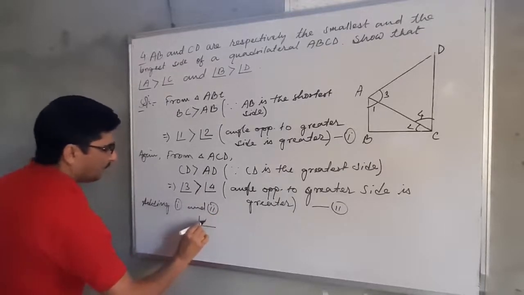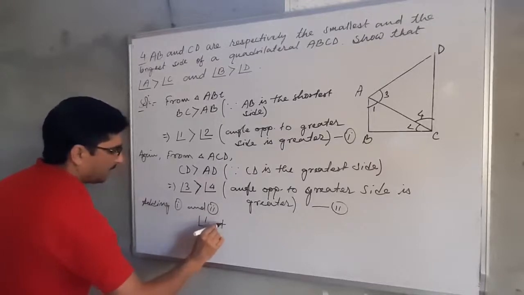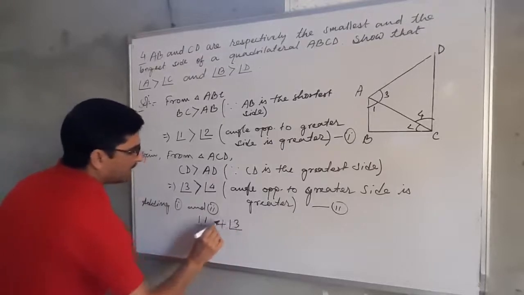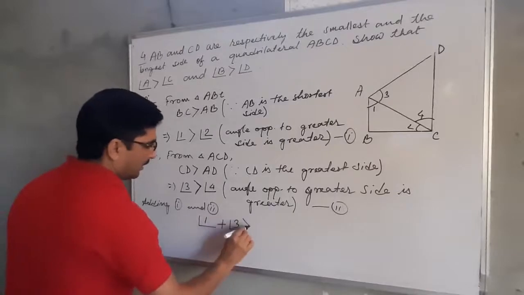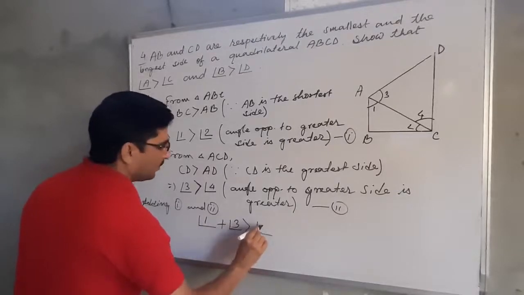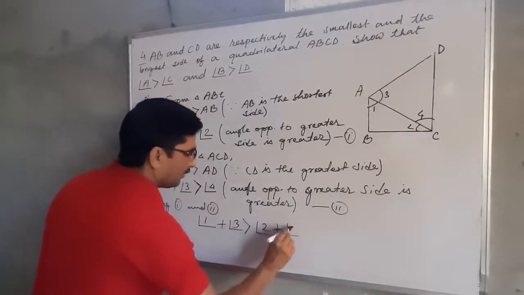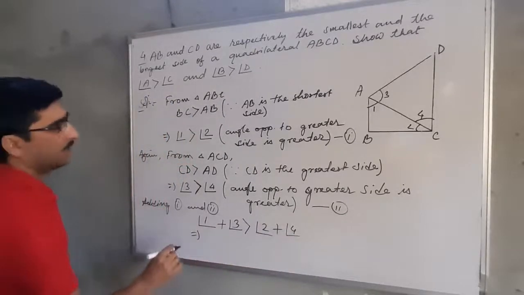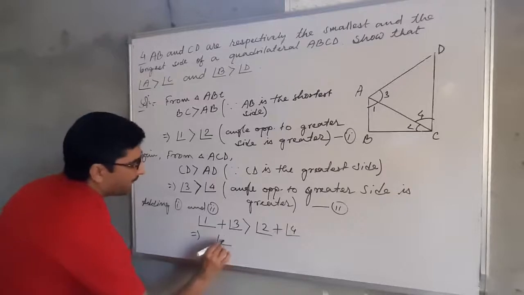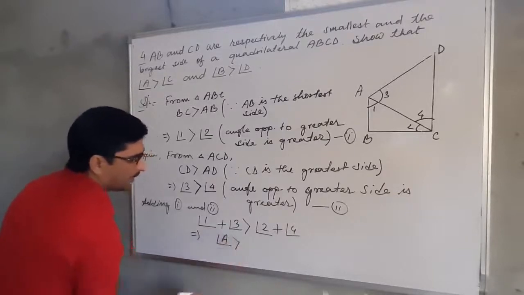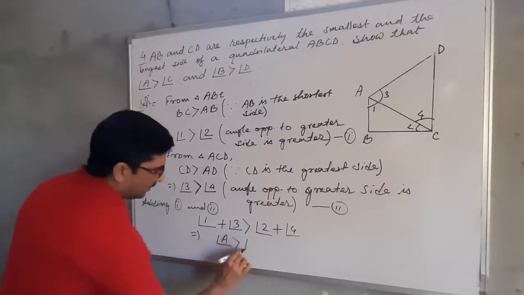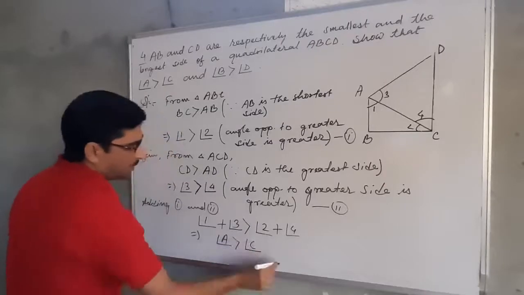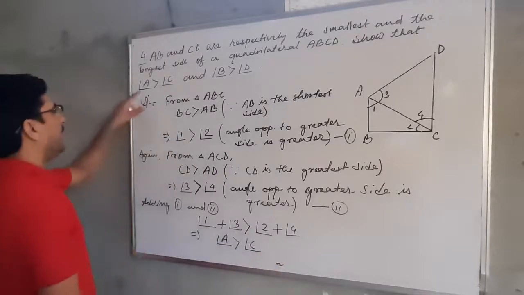Angle 1 plus angle 3 is greater than angle 2 plus angle 4. Angle 1 plus 3 is angle A, which is greater than angle 2 plus 4, which is angle C. Okay. So this is proved. So A is greater than C.